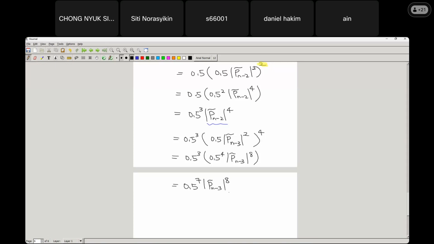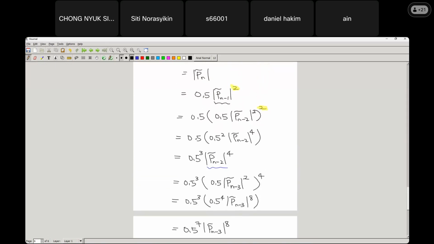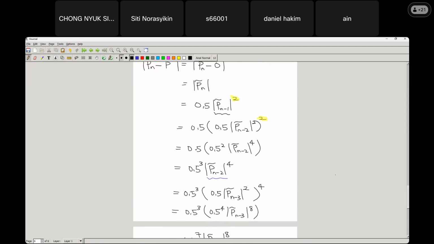Okay. But you can see some pattern. Okay. So what is a pattern? So let me move up a bit. Okay. So you see, first of all, I write here power of 1. Okay. So this is 0.5 power of 1. Okay. Let me do some highlight. Okay. So you see, when I have n, this is 0.5 power of 1.